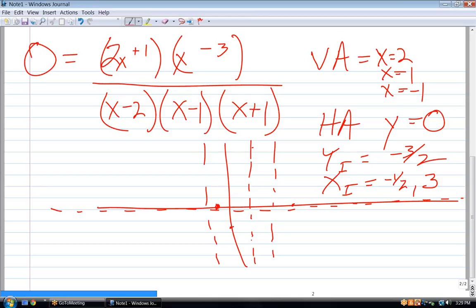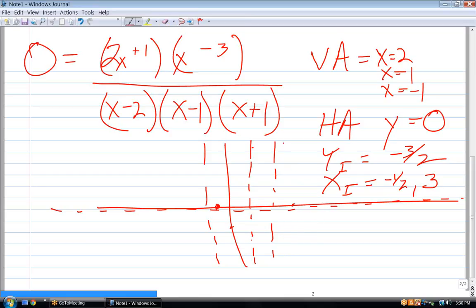What else besides x and y intercepts? Other than graph, is that it? Yeah, that's it. Well, one of the key things we need to know in order to graph it is whether we start here or whether we start there. Once we know how to start, we'll know how to move right to left.